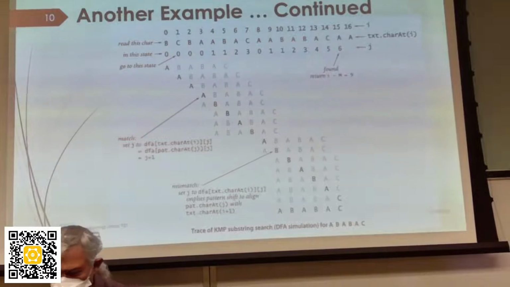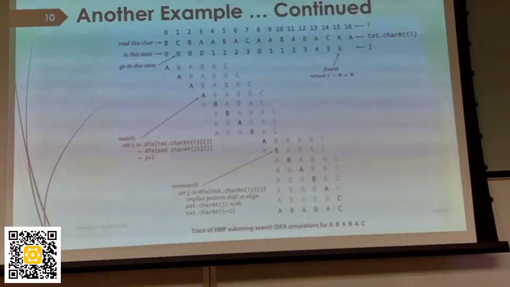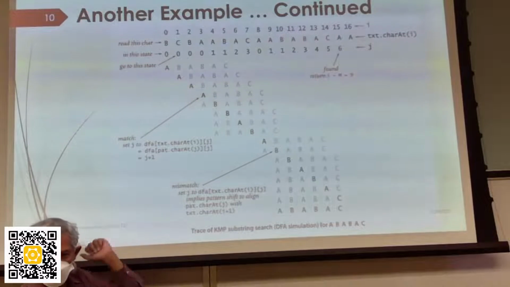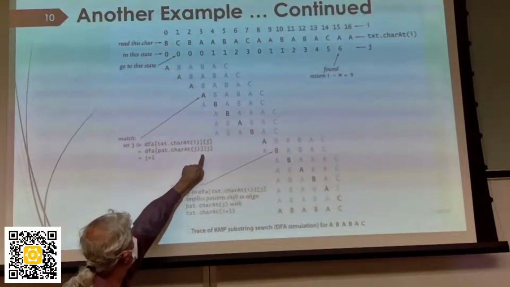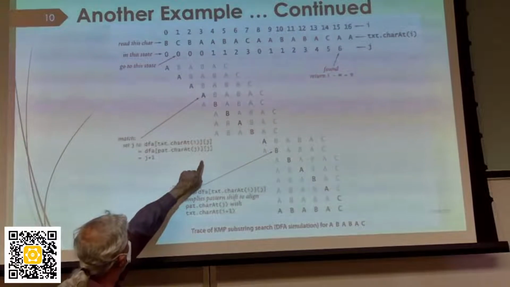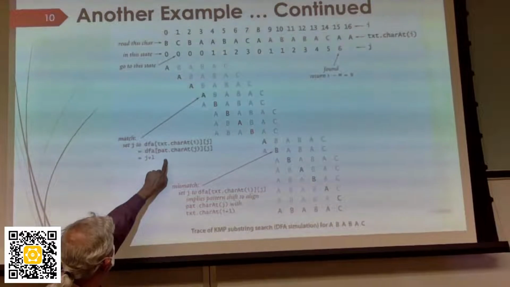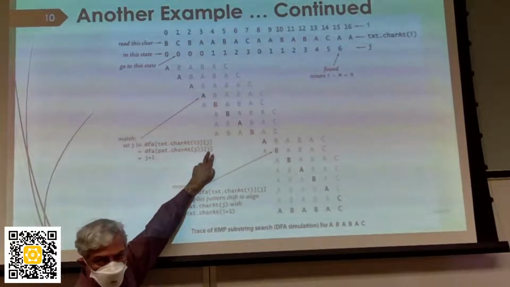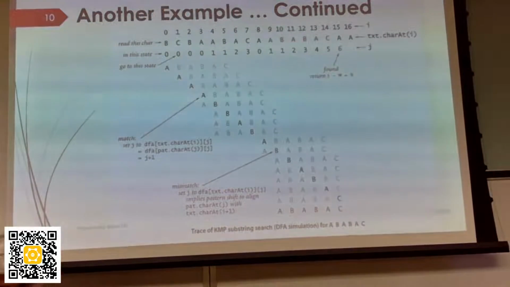DFA stands for deterministic finite state automaton. Anyways, all that is not necessary. This is the lookup table for that strange thing we had. If this is the character I see, and this is the state I'm in, it'll tell me where to go next.